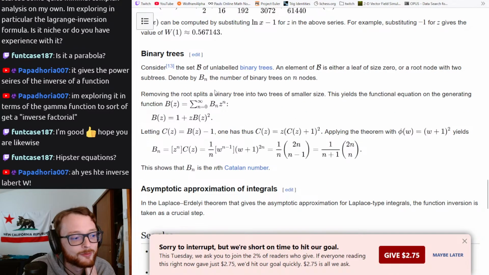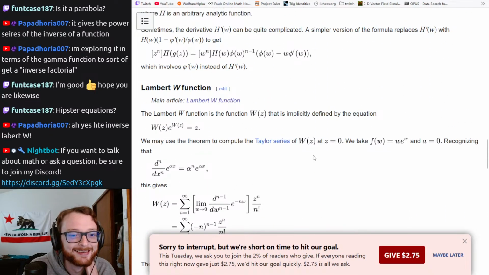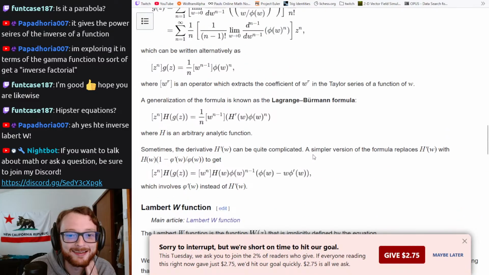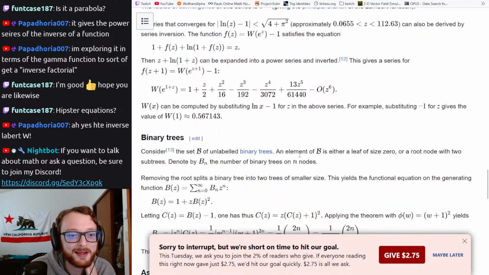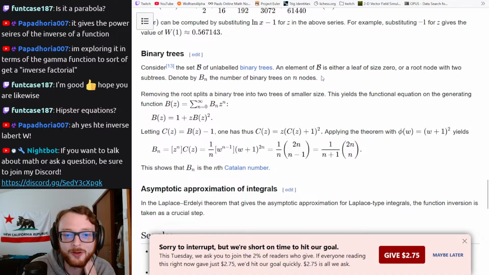Binary trees. Hipster equations. You know, yeah, I guess this is sort of a hipster equation. Like, it's kind of vague. You probably haven't heard of it, but I'm really into them.